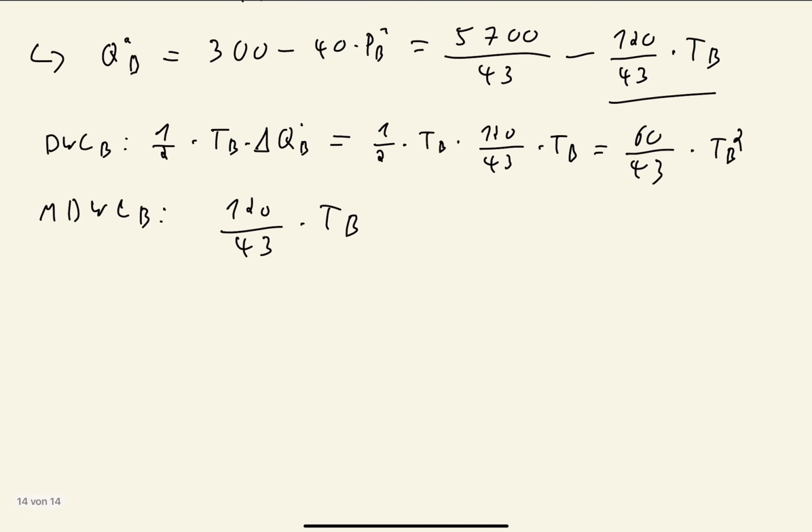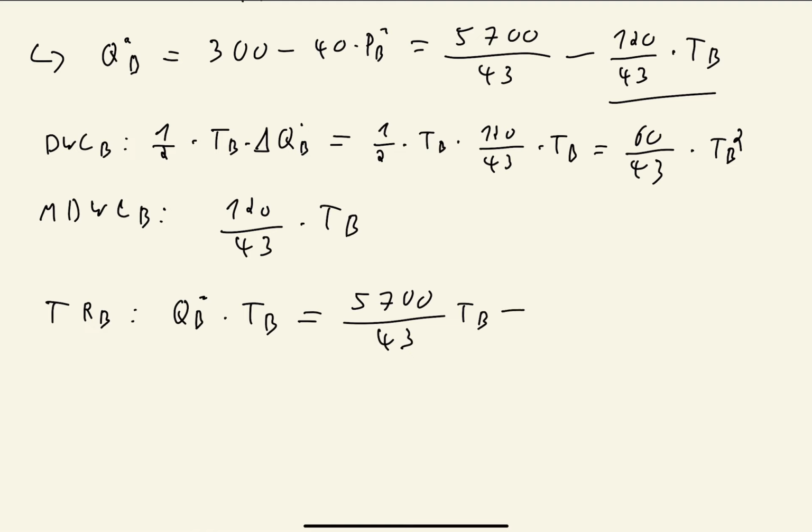Now the tax revenue for bananas is then simply the quantity traded times the tax. And this is equal to 5,700 divided by 43 times the tax on bananas minus 120 divided by 43 times TB to the power of 2.